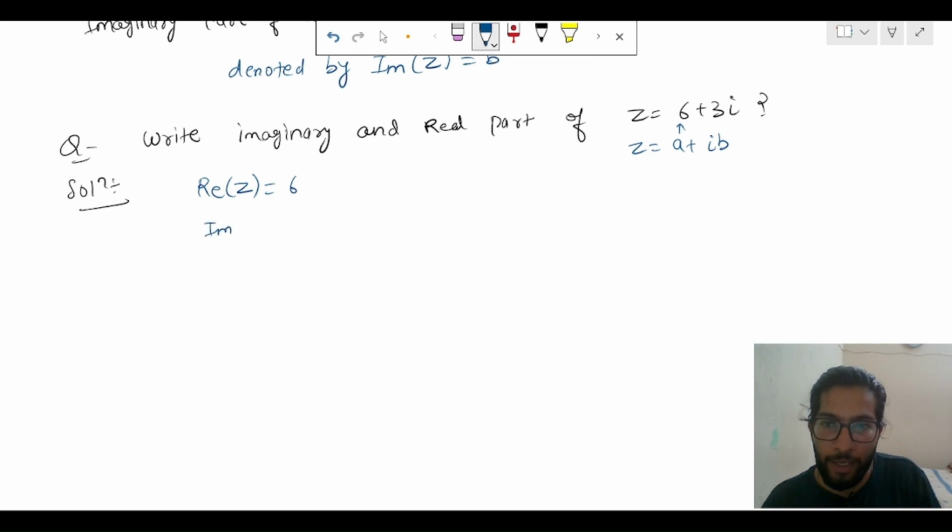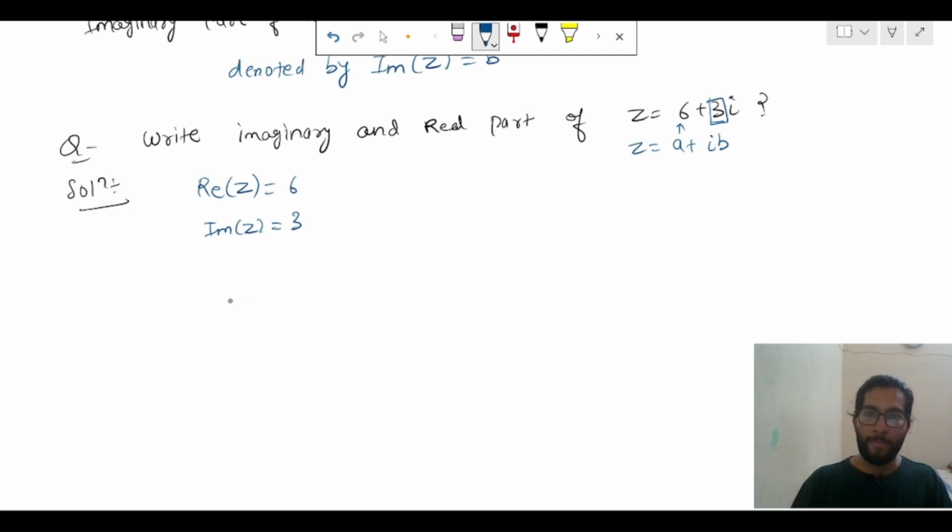Now imaginary part of z, the real number in the z which is the coefficient of iota is known as imaginary part of z, and this one is 3 written there. So imaginary part of z is equal to 3. Okay, so this is about the topic of complex number and imaginary and real part.